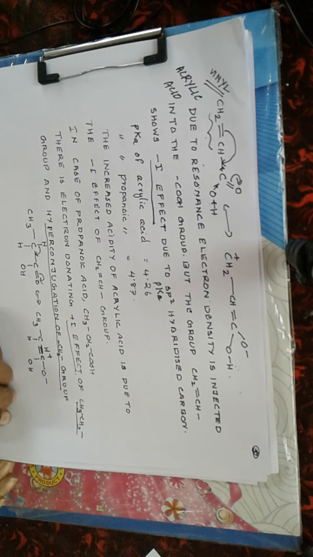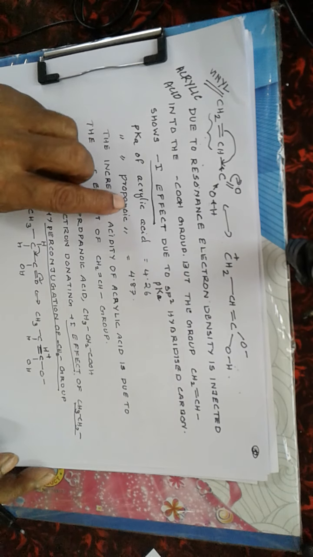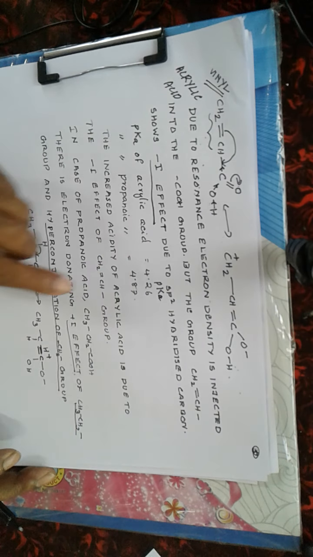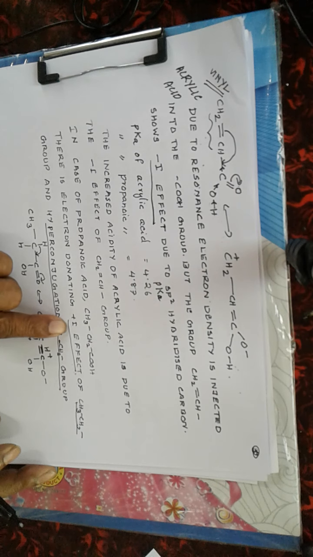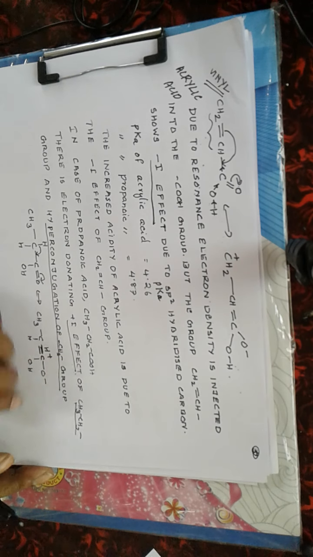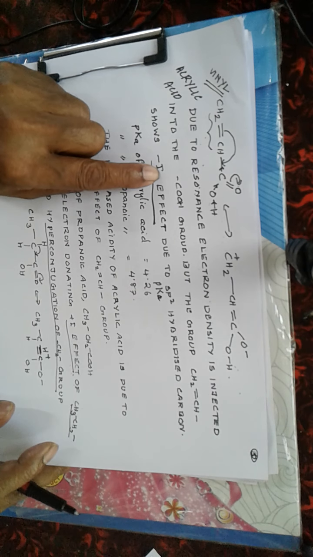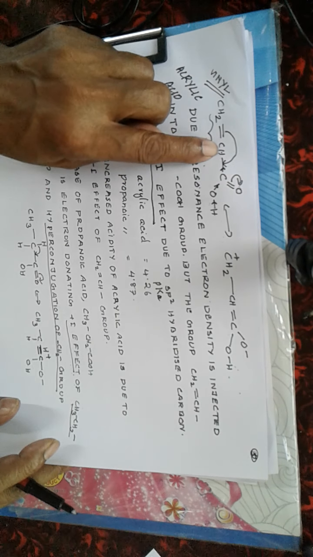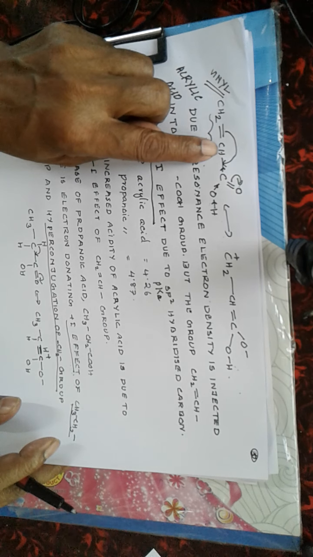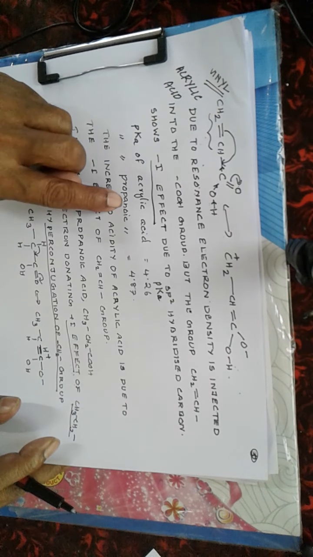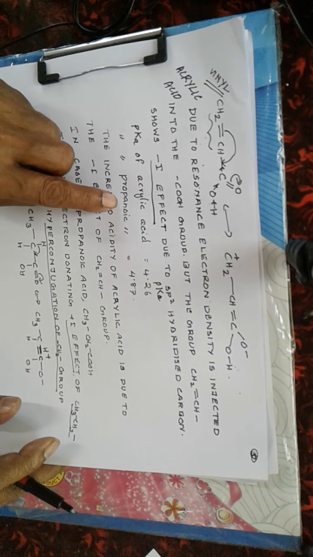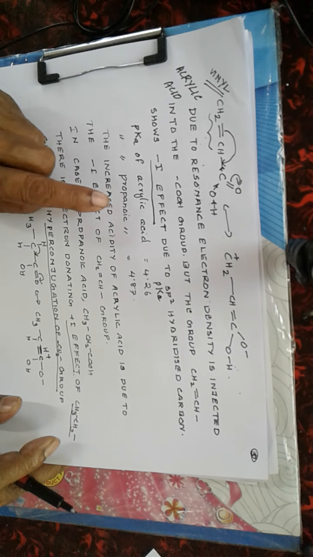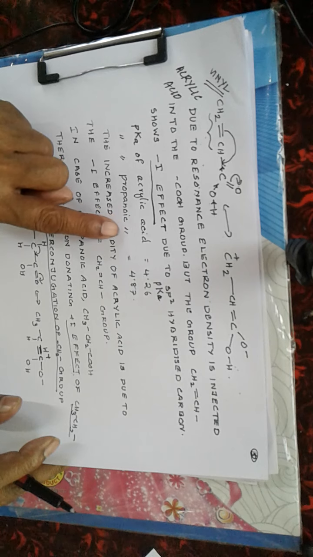So compared to acrylic acid, propanoic acid is having a lower acid strength, and that is due to hyperconjugation as well as plus effect. So minus effect alone cannot be considered as the reason for the higher acid strength of acrylic acid over propanoic acid. We have to consider the plus I and hyperconjugation of propanoic acid also.